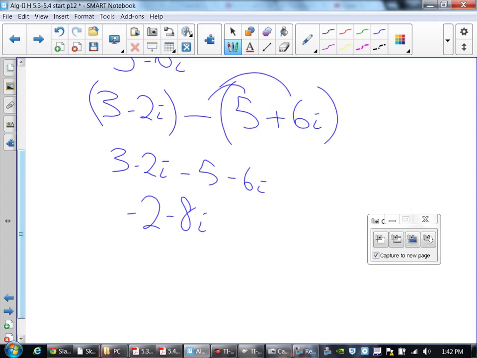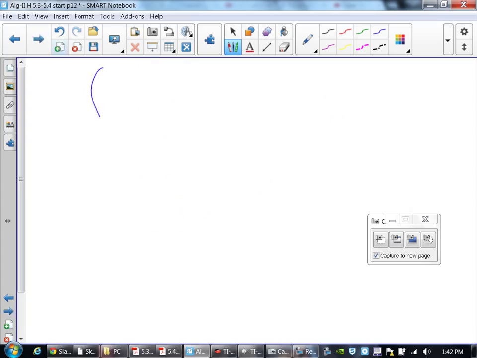What changes is when you have multiplying. That set me up to do what? Foil. Yeah, distribute. Exactly. Distributing is just a fancy way of saying foil. Okay? And you would foil it just like you would anything.